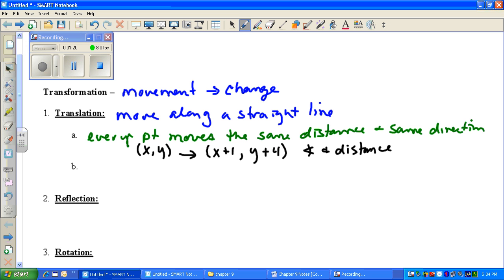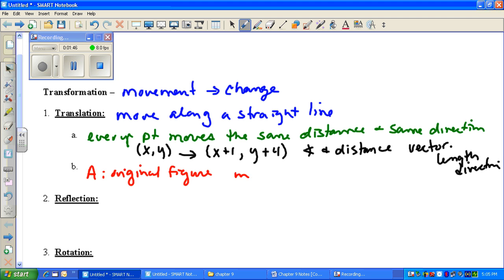Sometimes this is referred to as a vector. And a vector has a length and a direction. We'll be doing some explorations on this so you can see what happens when we give you this vector. And we have some names for things here. Capital A is the original shape or figure that we're working with.